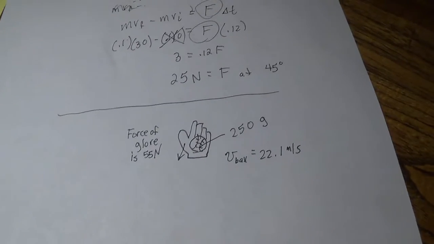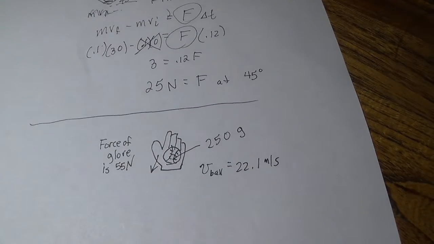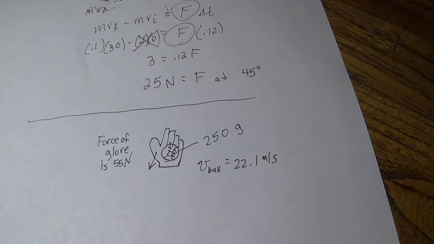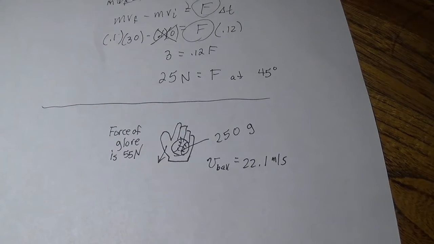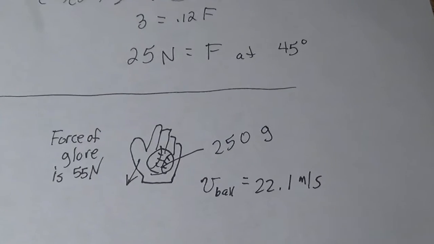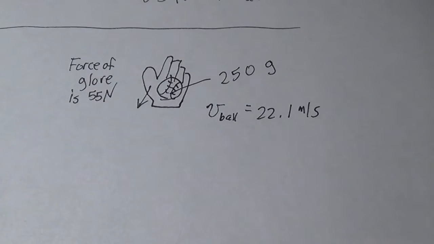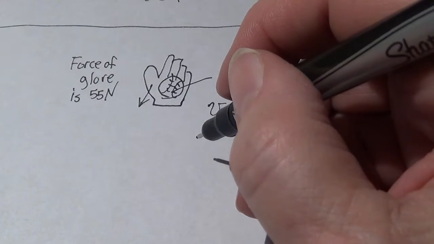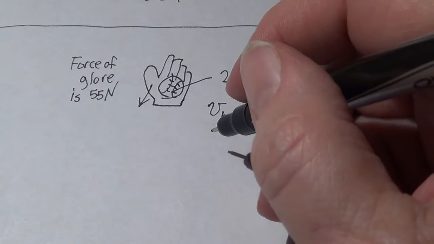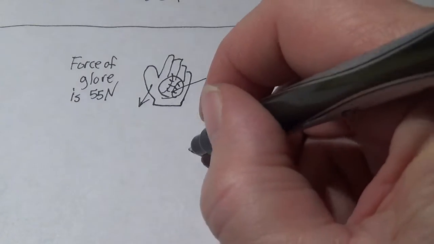Let's see if I can get that in a little better. A little better there. All right, and I want you to find how long it takes for the glove to stop the ball.